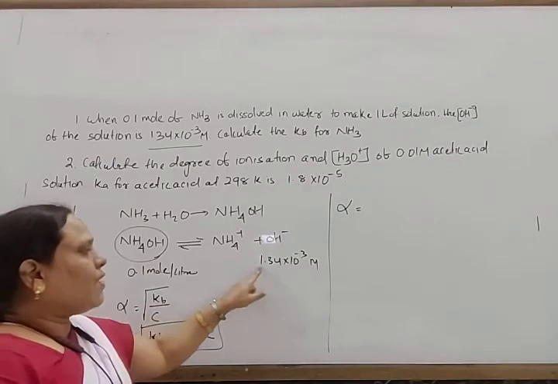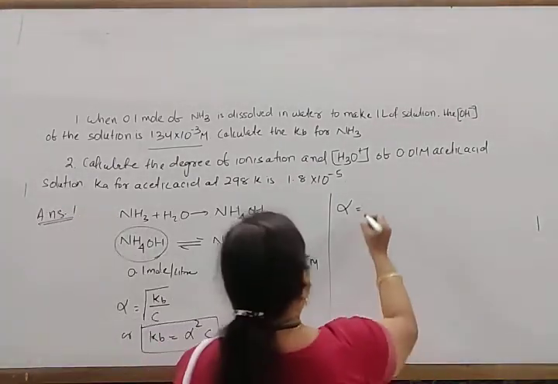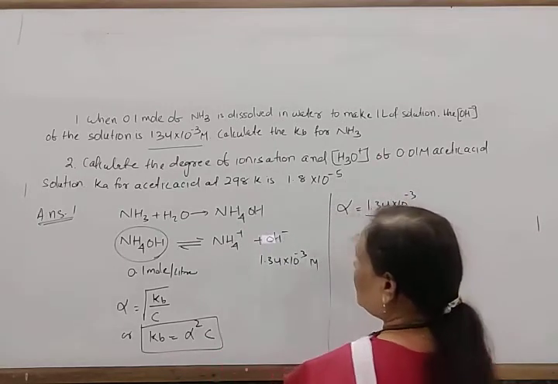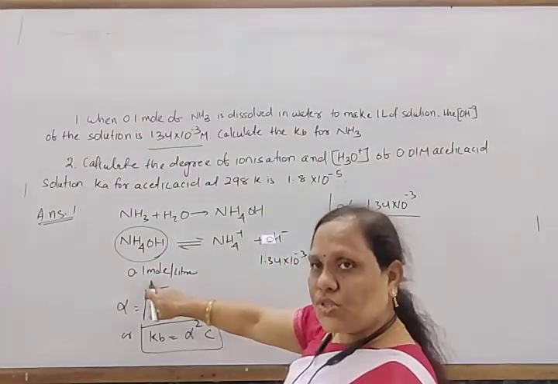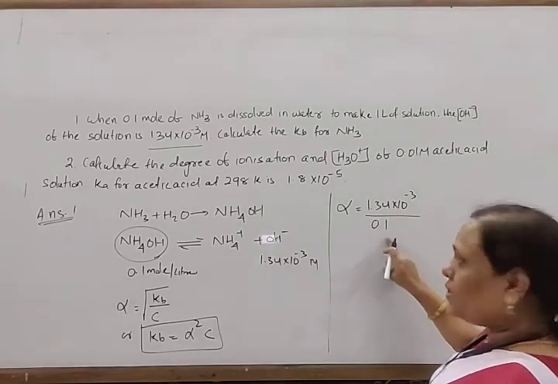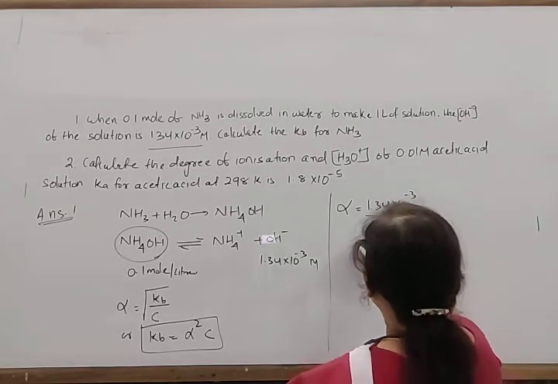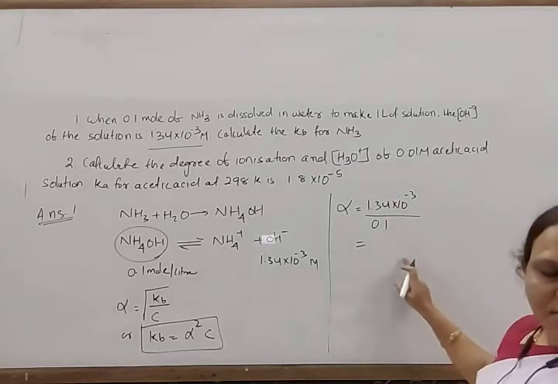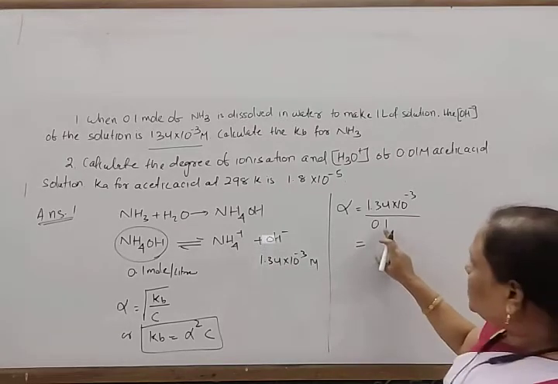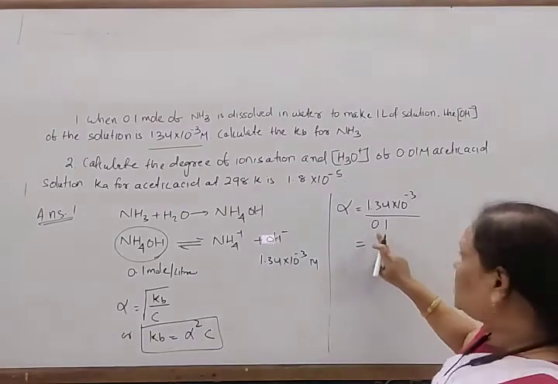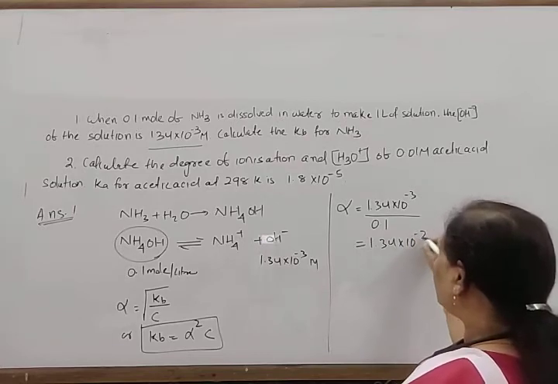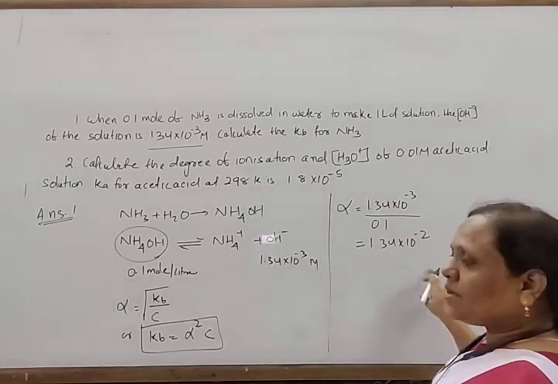As given, 1.34 into 10 to the power minus 3 divided by the total number of moles taken, 0.1. 0.1 means 10 to the power minus 1, so it comes here. It is 1.34 into 10 to the power minus 2. So the degree of dissociation is this much.